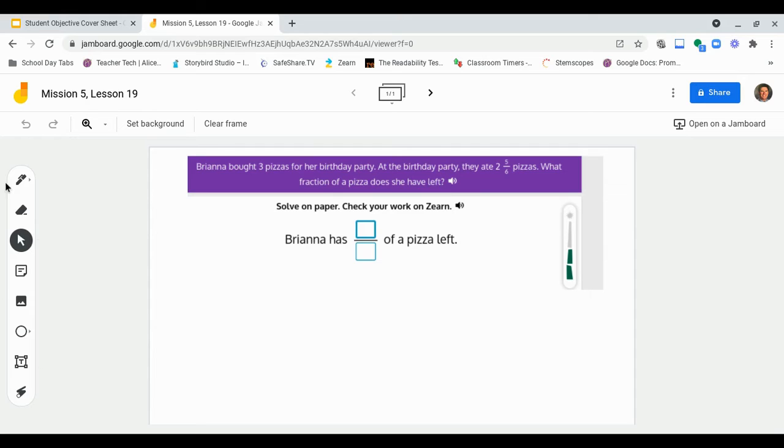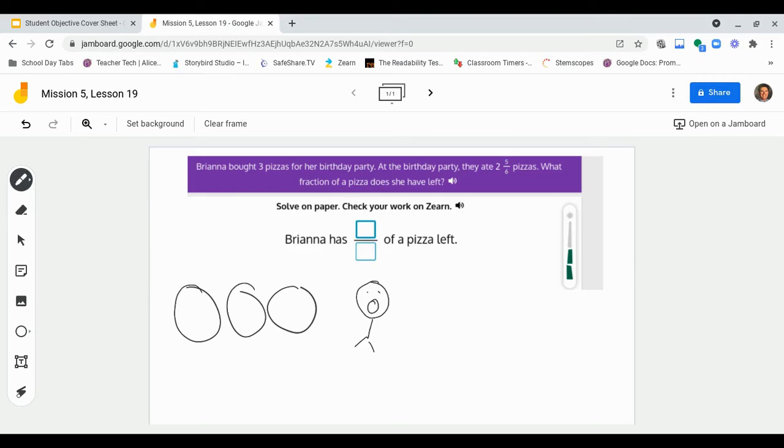Well, I'm just going to draw this out real quick because it helps me figure out what I need to do. So, okay, I have 3 pizzas, and then some people ate a lot of these pizzas. They start out with the 3.